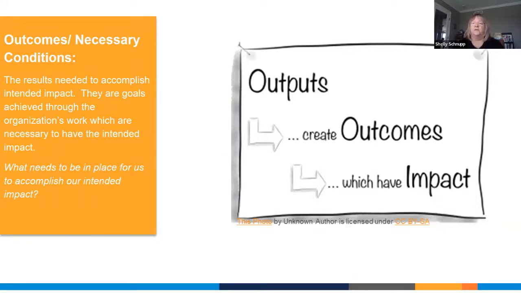Defining outcomes is certainly not an option anymore, it is expected of organizations. So here we view outcomes as what is achieved through the organization's work that is necessary to have the impact desired. So if we're going to have impact, we have to have direct outcomes from our work.